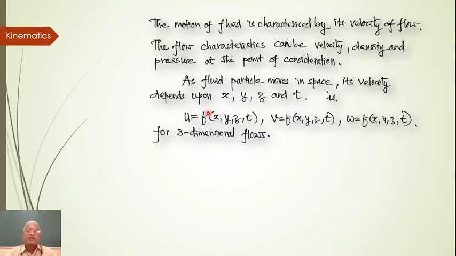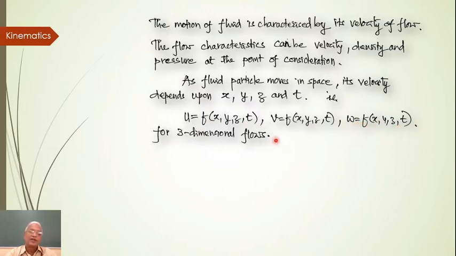Okay, that is velocity component in x direction. Rather than calling it as vx, vy, vz, we have indicated it as u, v, w. Last time we have seen. So u is a function of x, y, z and t. v is a function of x, y, z and t. w is a function of x, y, z and t.